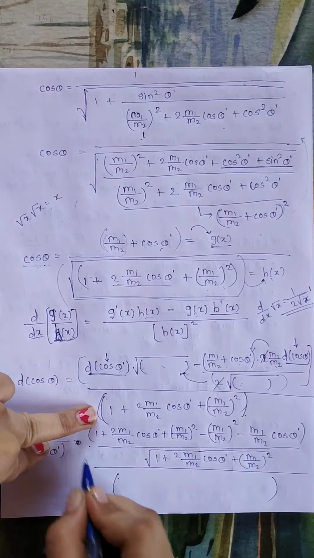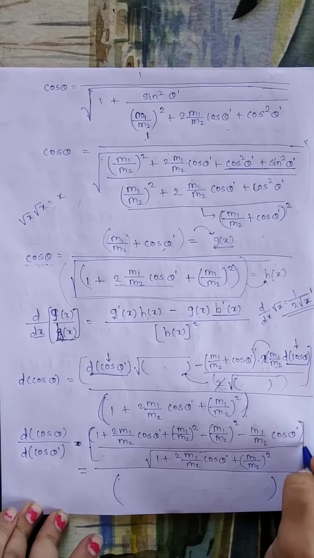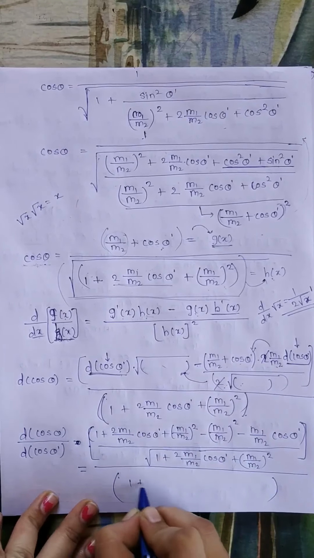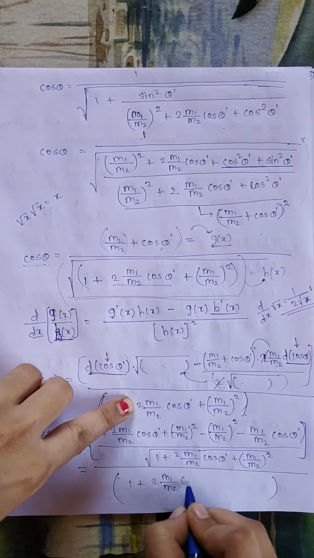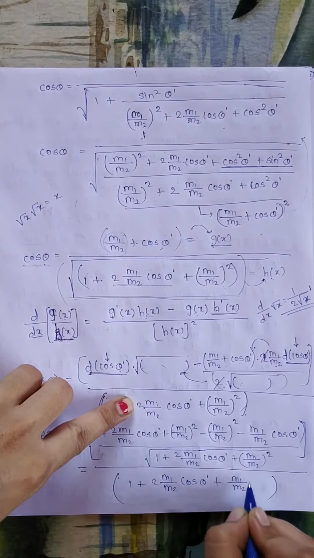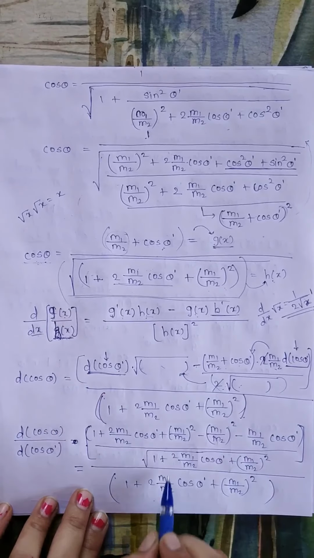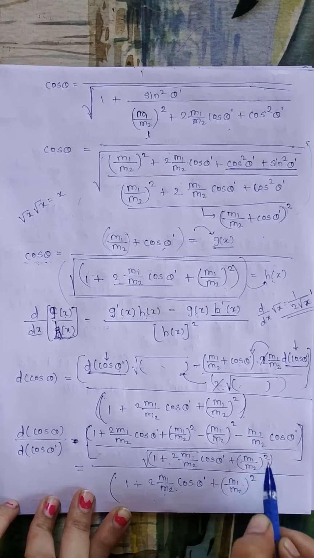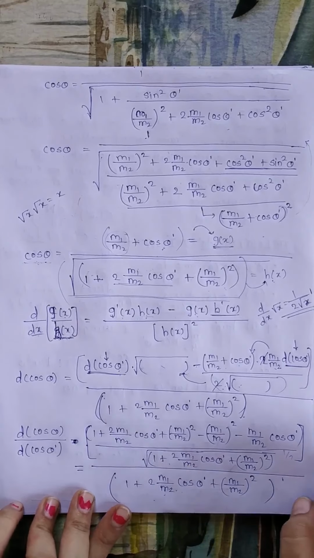So the equal to sign will be here. This is our numerator and this is the denominator. Now if you observe, this and these terms are same, just their powers are different. The power of this term is root, that is 1 by 2, and the power of this term is 1.